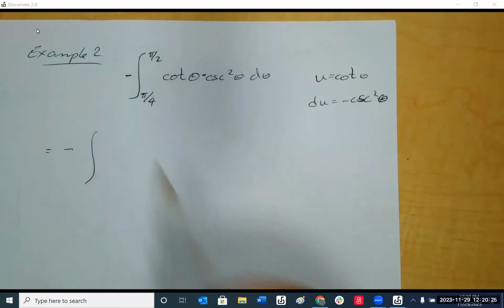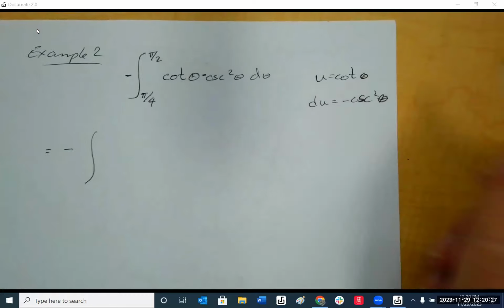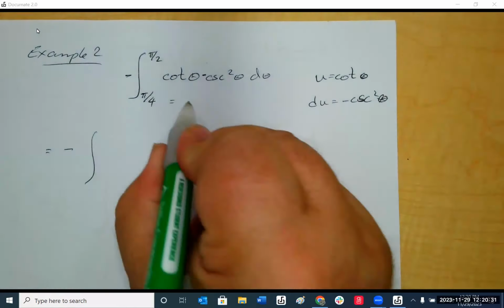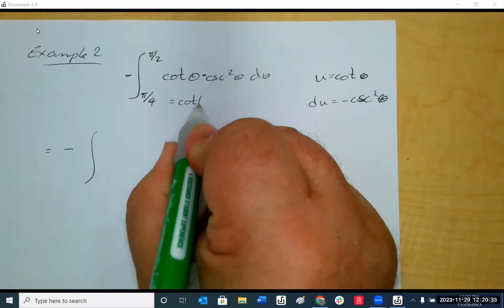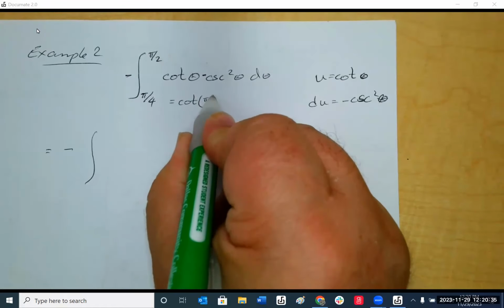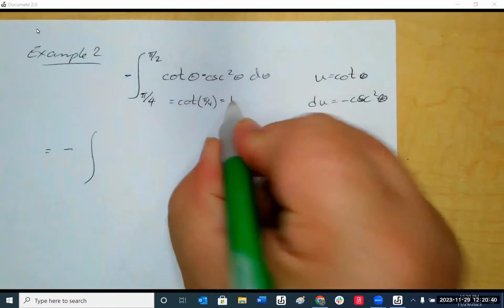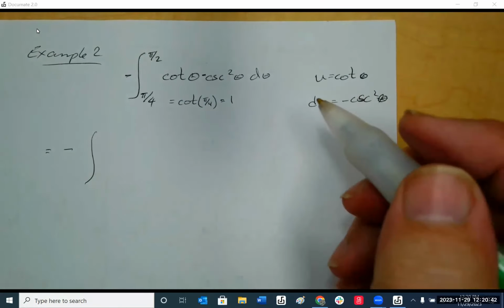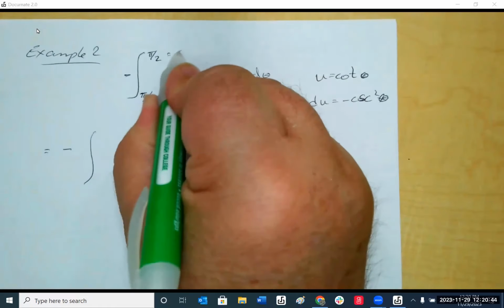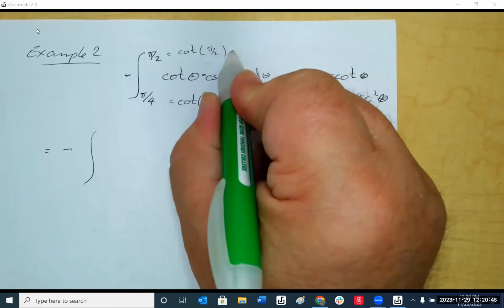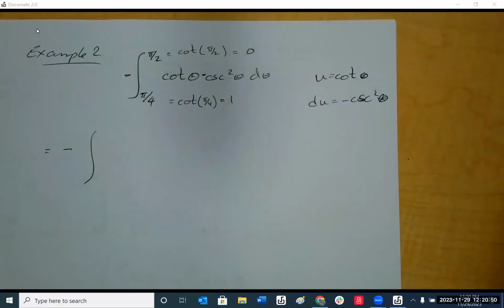We also have to change those bounds. So this one is cotangent of pi over 4, which is cosine over sine, which is 1. This one is cotangent of pi over 2, which is 0.